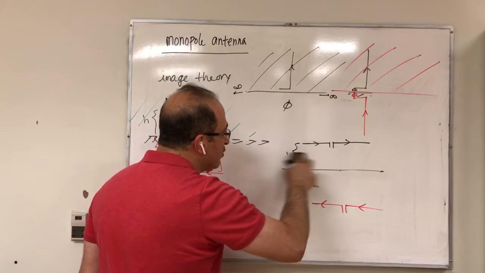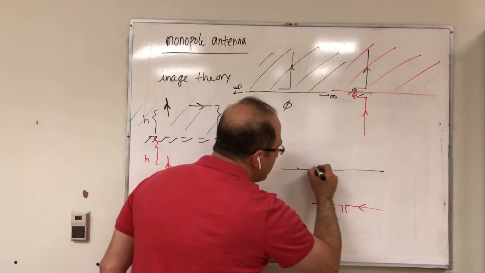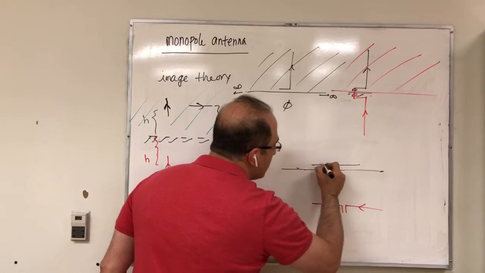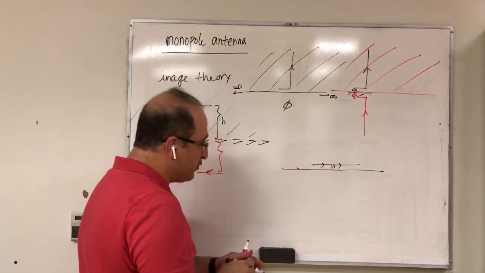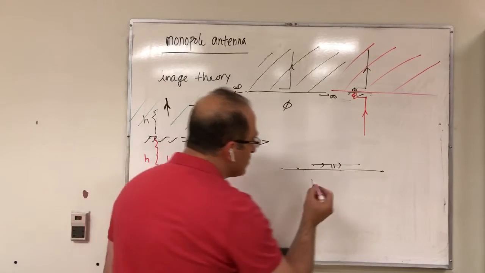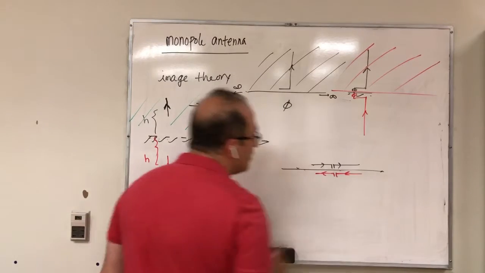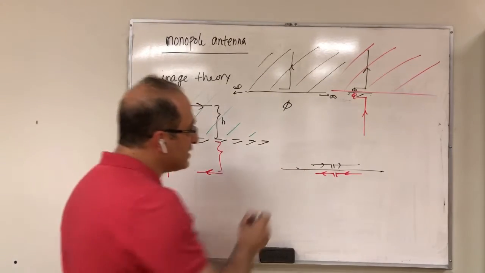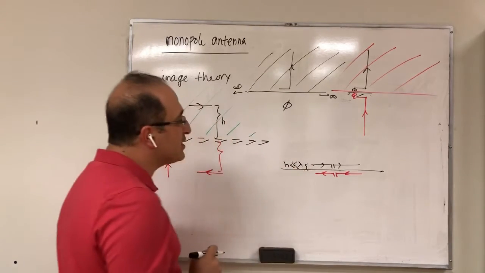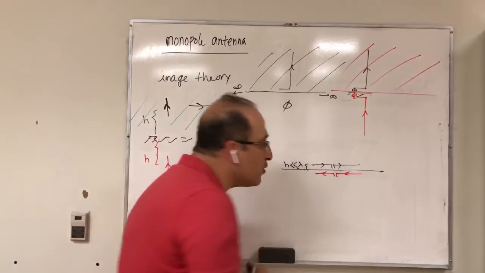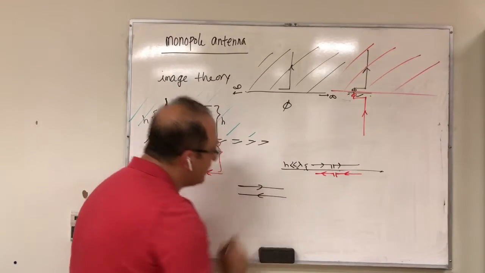Let's make it very close. So let's bring it here. Very close. So if it's very close, then the image, of course, would be very close. As you see, because now I assume that this height is much smaller than the wavelength, these two are so close that they look like a transmission line, with current here and current in the reverse direction.